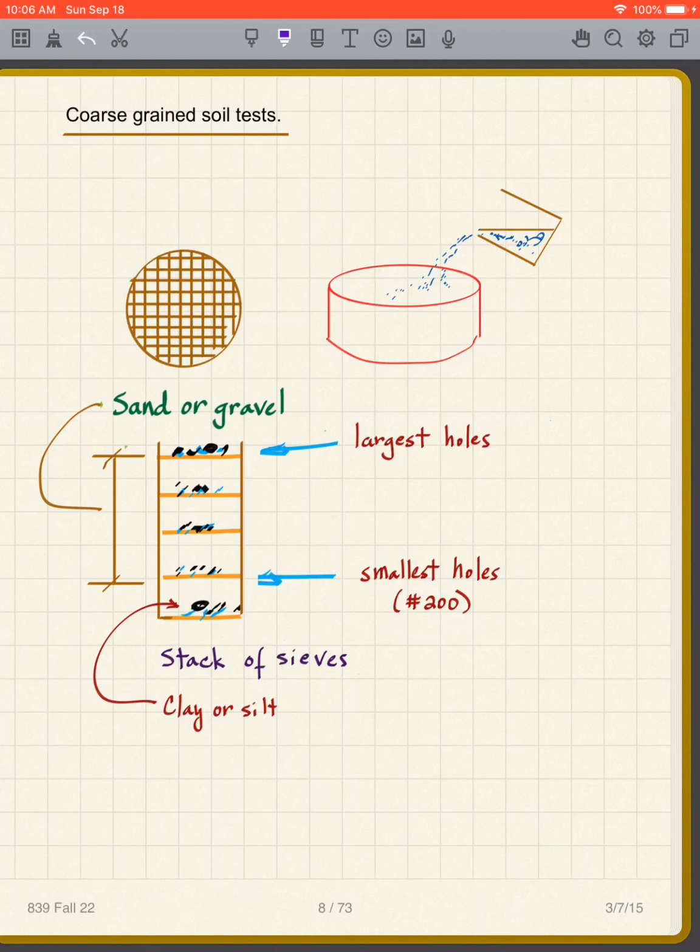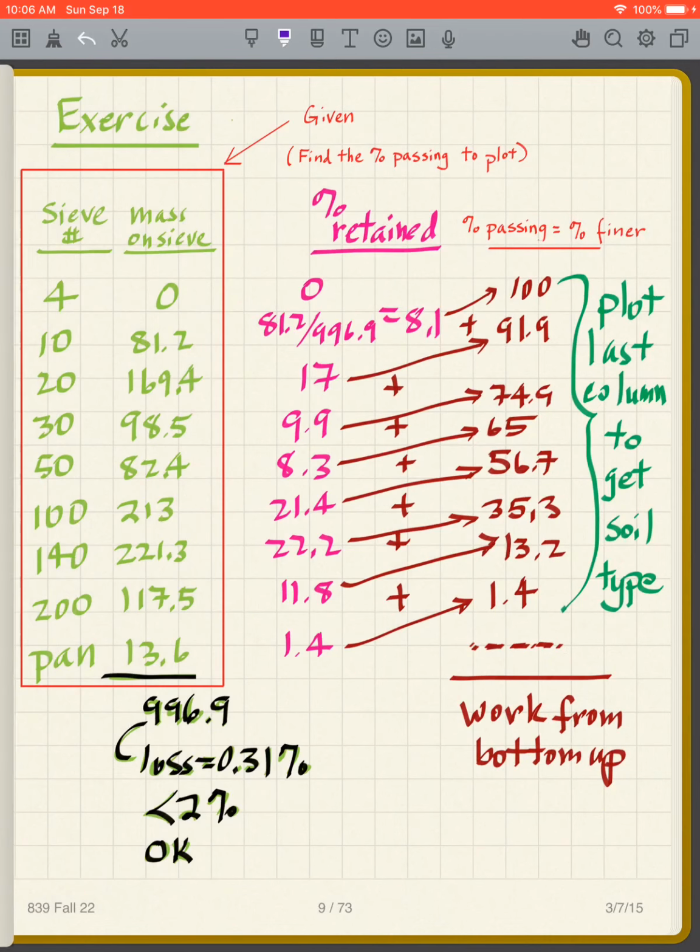We pour it in. This stuff goes down. We then get a certain amount of soil on each sieve. We get a distribution, and it will help us classify the soil by figuring out the distributions on the sieve.